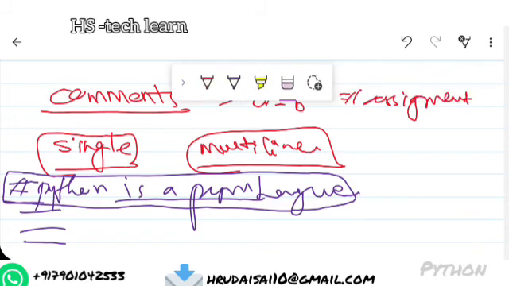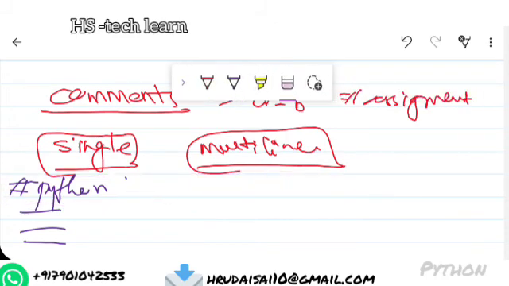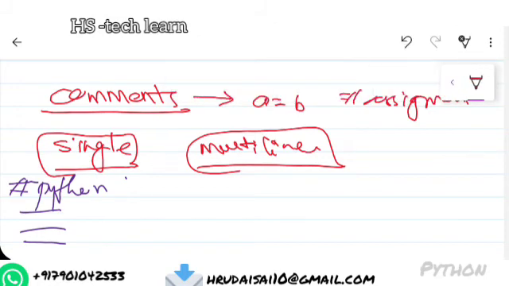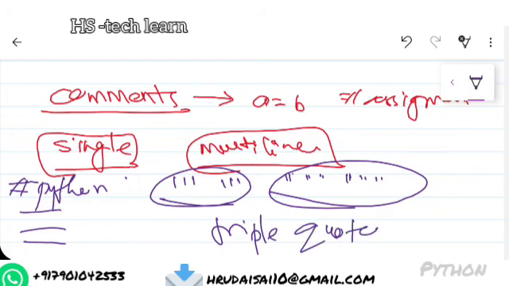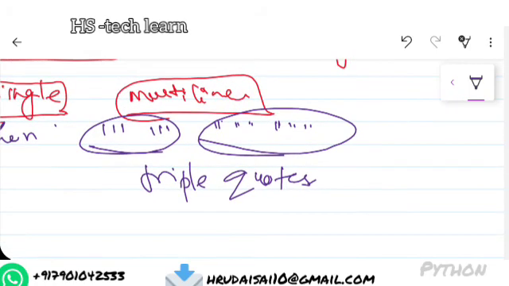then how do we write multi-line comments? For writing multi-line comments, we use docstrings, or triple quotes. Its general name is docstrings.